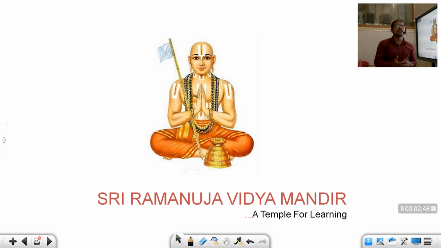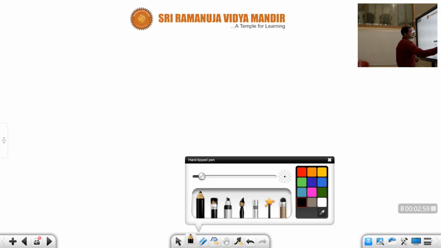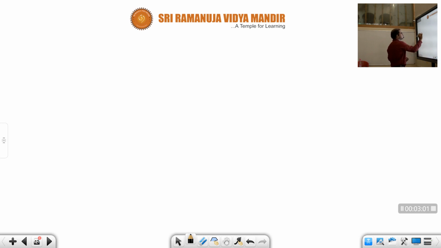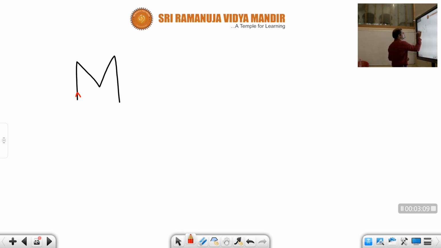Children, in the concept of path, I want to say one very important example. See, children, if a body is moving in an order like this, let us identify the direction of the motion of the body.